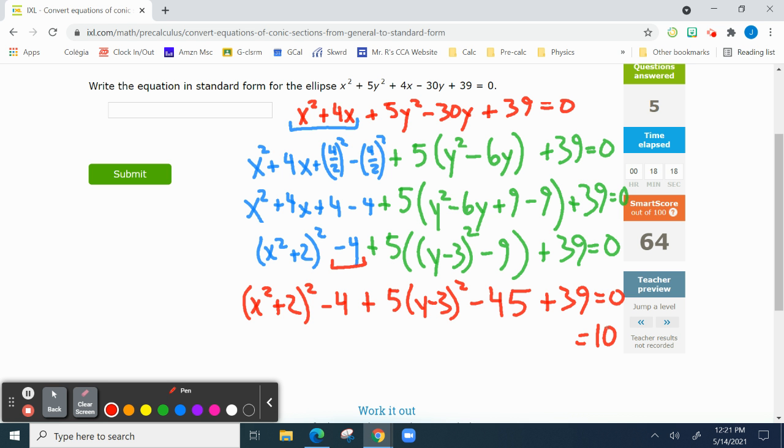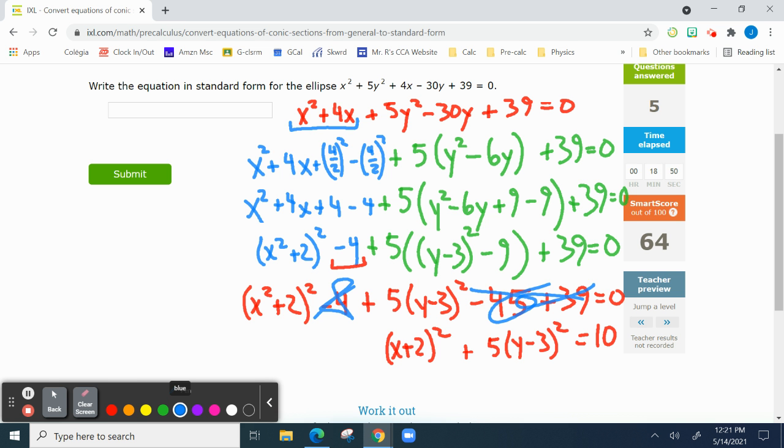Okay. And now we might just have enough space down here. So now I've got x plus 2 squared. We don't have to worry about this, or this, or this, because we just took care of those, right? And it's an ellipse, so that plus works fine. Plus 5 times y minus 3 squared equals 10.